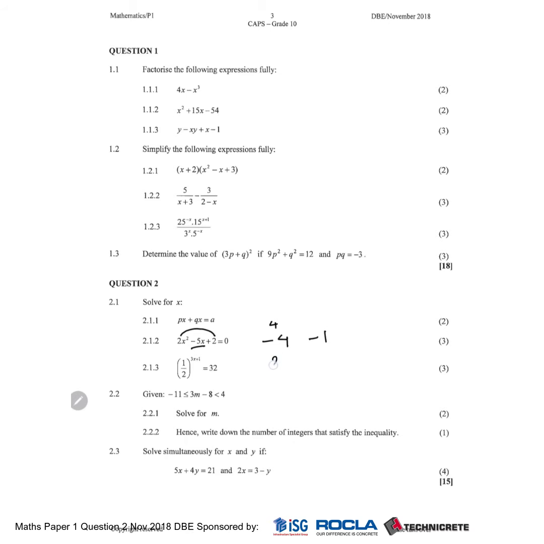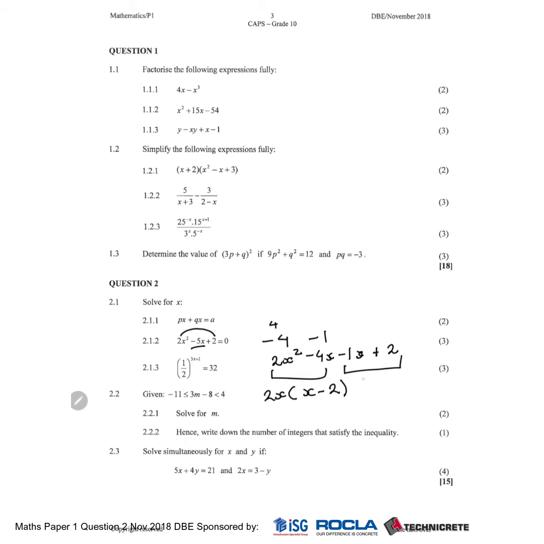So the equation will then become 2x squared minus 4x minus 1x plus 2. Now the equation hasn't changed, but now we can take out a common factor. First I'm going to take out 2x to give me x minus 2.